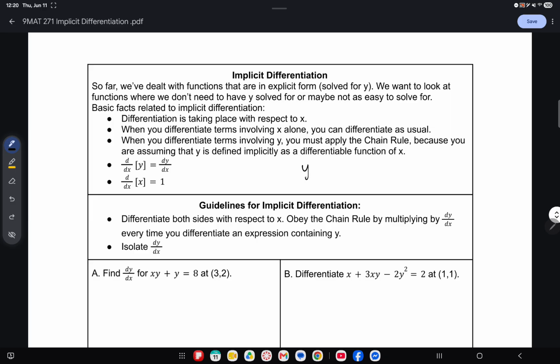We've been saying that, hey, if y equals 2x plus 1, then y prime is 2, right? So this action here, going from y to y prime, we were doing the derivative with respect to x.